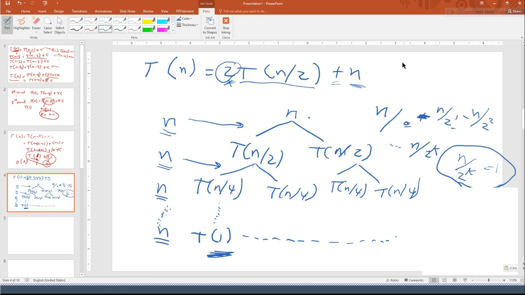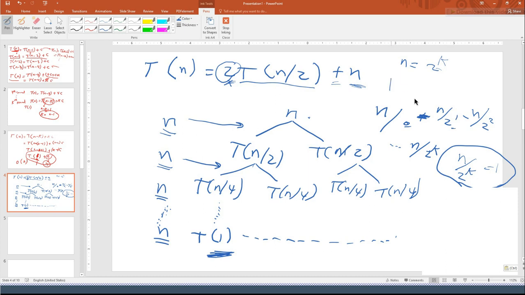So n equals 2 to the power k. Just multiply the two sides by 2 to the power k, so you will have n equals 2 to the power k. To find the k, you have to use the log, because you are looking for k. So take the log of the two sides.